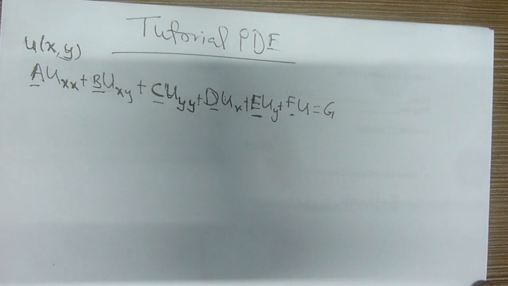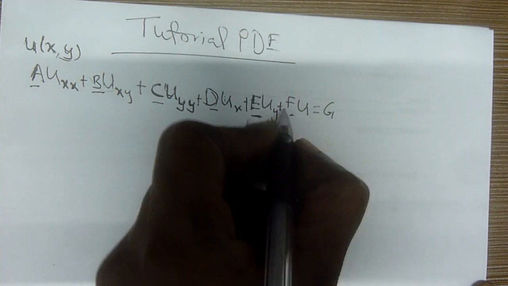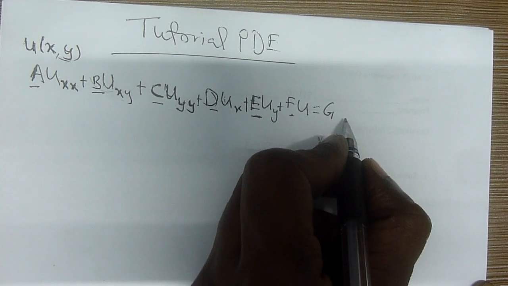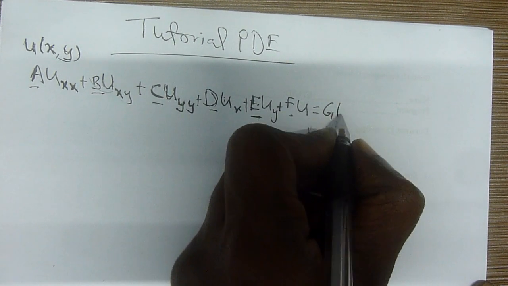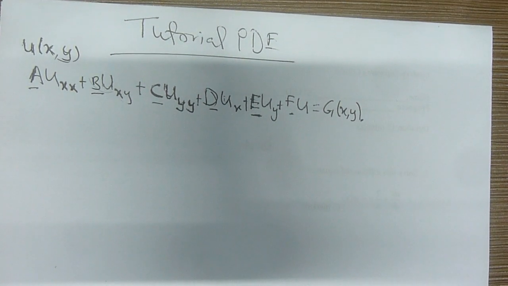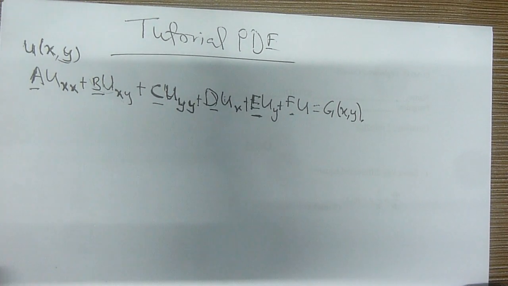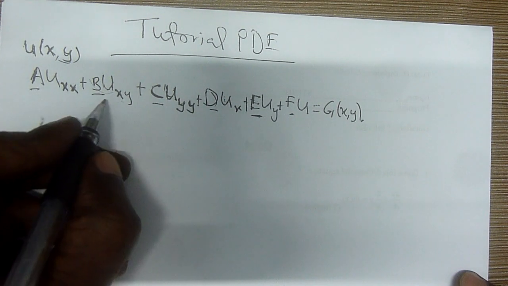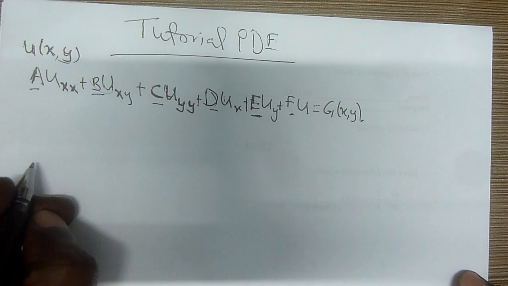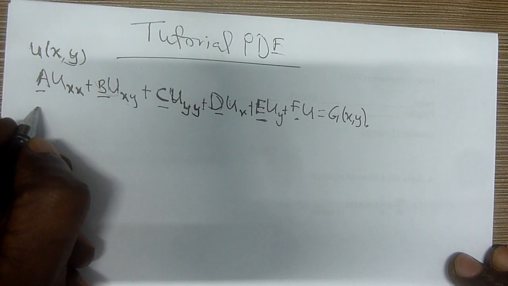Second order equation in this case, and you can see something here, G. G will be a function of x and y, it can be a combination of x and y. Now, when I say this combination of A, B, C, D, E, F, it's actually representing a function.